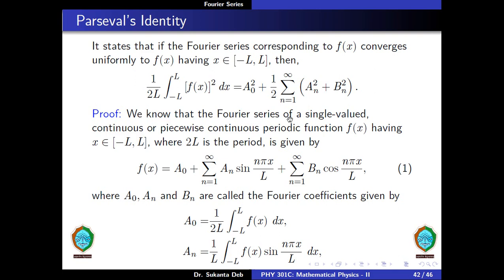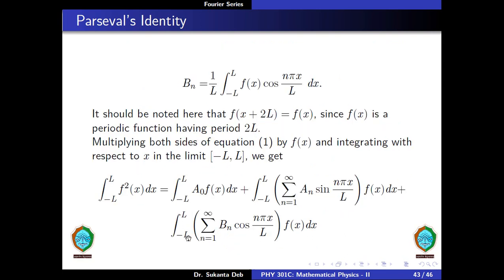So we know that the Fourier series of a single valued continuous or piecewise continuous periodic function f of x, having x lying in the range minus L to plus L, where twice L is the period, is given by f(x) is equal to a naught plus summation over n is equal to 1 to infinity a n sine of n pi x by L plus summation over n is equal to 1 to infinity b n cos of n pi x by L, where a naught, a n and b n are the usual coefficients.